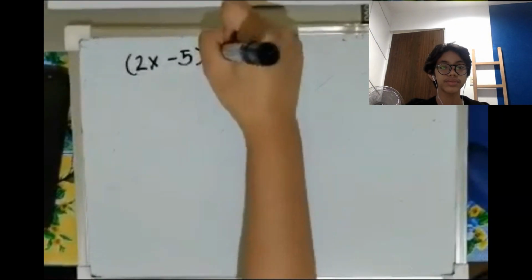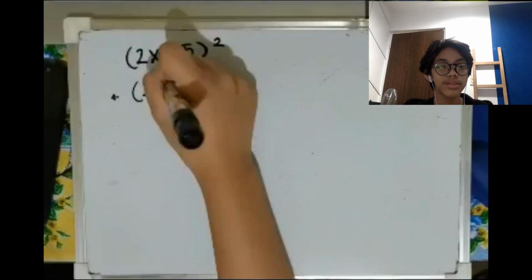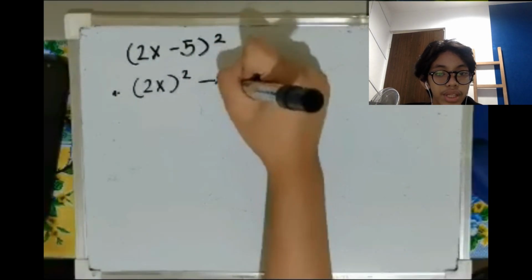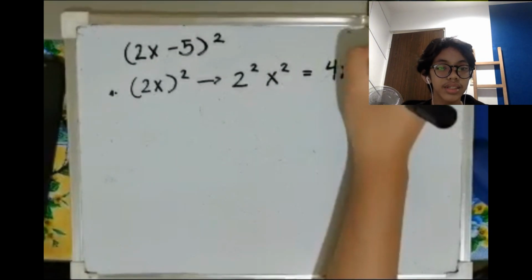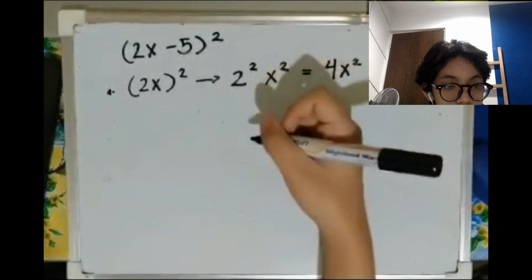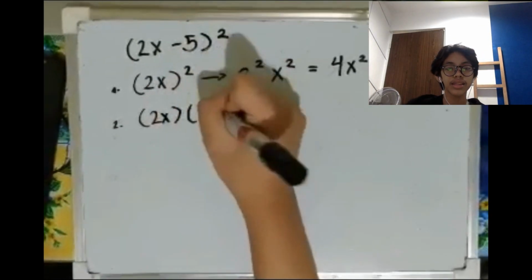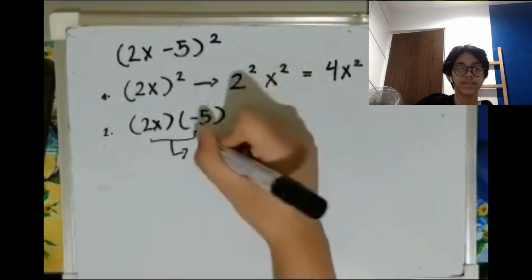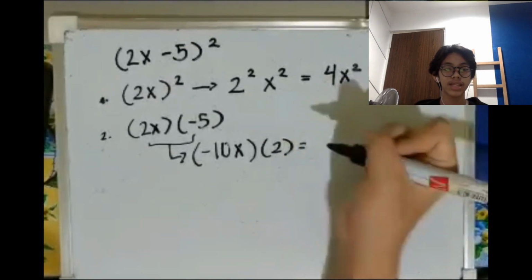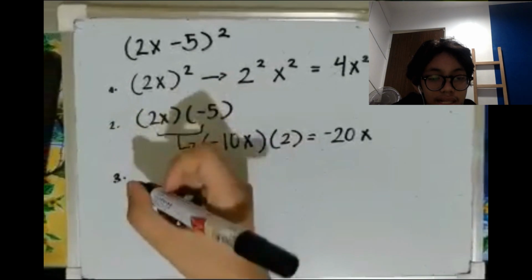Number 2, 2x minus 5 squared. We have an equation here, 2x minus 5 squared, and to solve this, first, we need to square the first term. The first term here is 2x, so we need to square this, which will equal to 4x squared. Again, we multiply 2 terms in the binomial, which are 2x and negative 5, equals negative 10x, and multiply 10 to 2, which will be negative 20x.